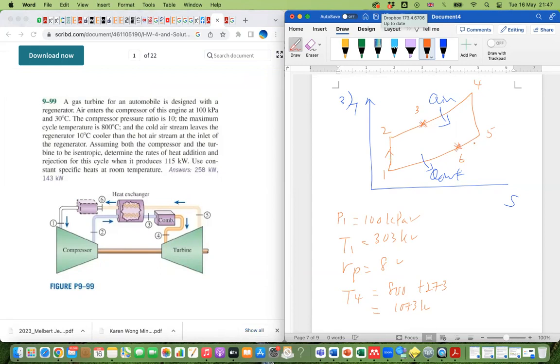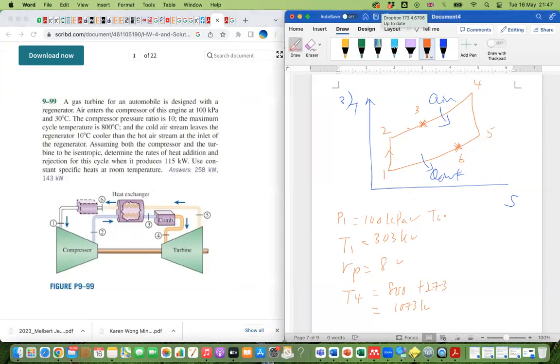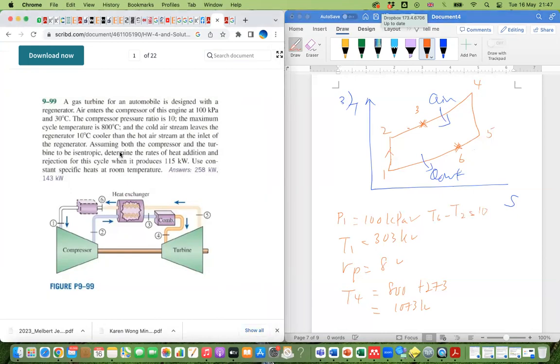The energy from 5 to 6 is supplied to 2 to 3. But that's not what we are concerned with now. What we need to consider is that the cold air stream leaving the regenerator is 10 degrees colder. So which one is the cold air stream? T6. Can you see that? T6 minus T2 equals 10. Okay? Is that okay?